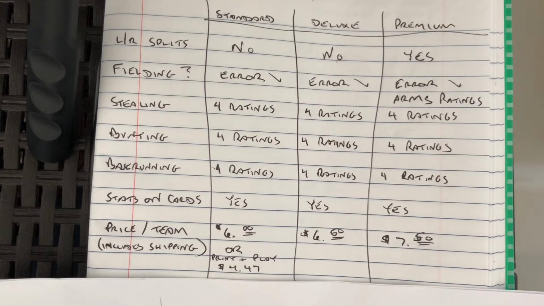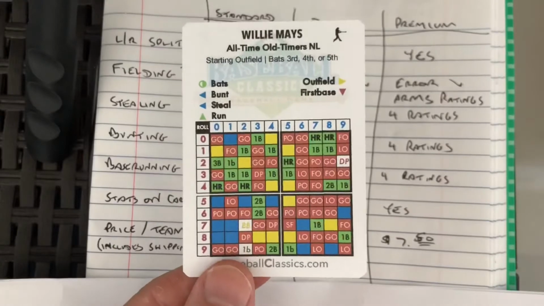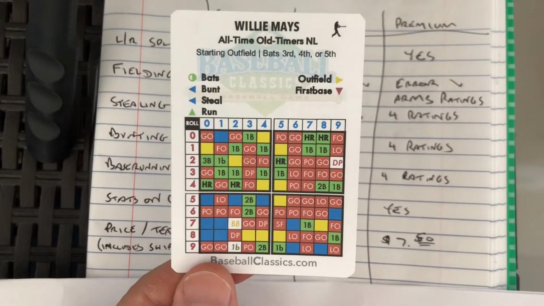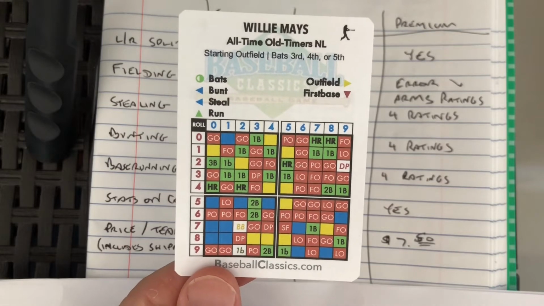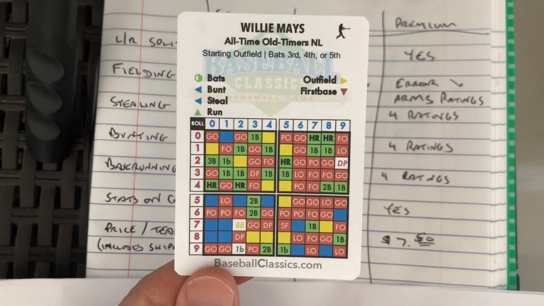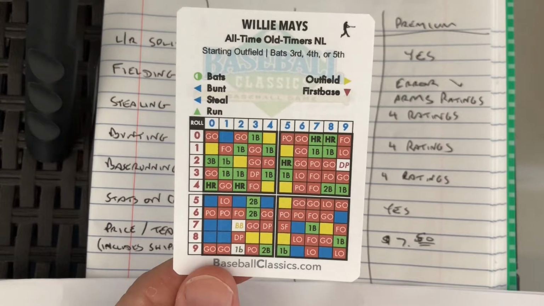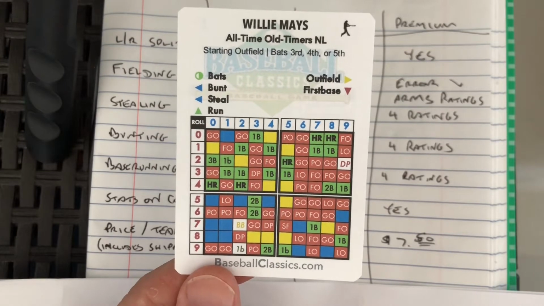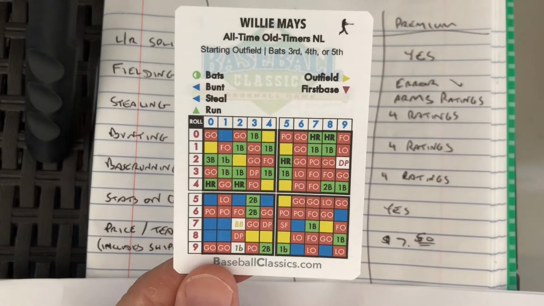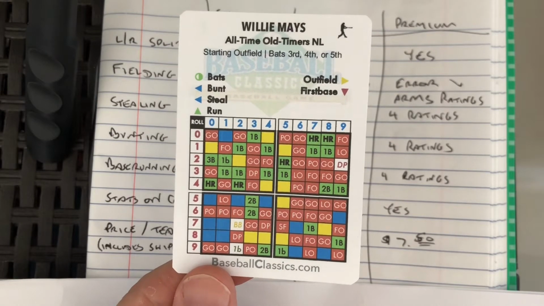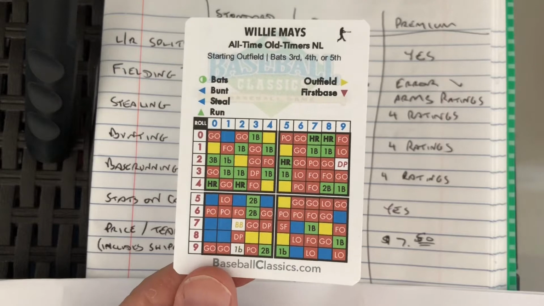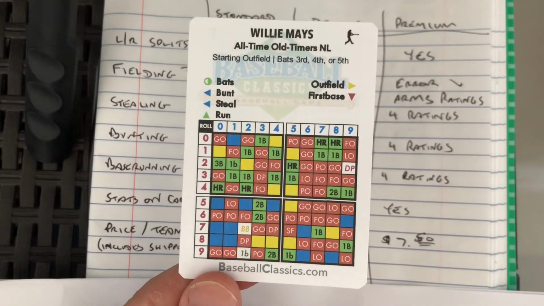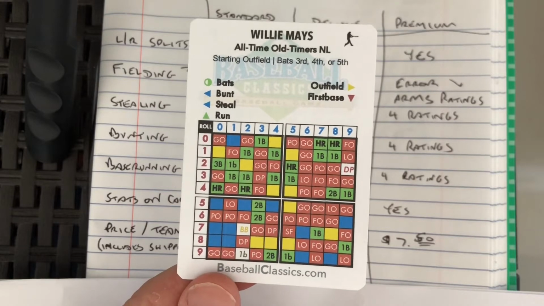Now, all three versions have a lot of color coding. Baseball Classics is the most visually appealing, I guess you'd say. And so many of us are visual learners. This is a very attractive thing for consumers of sims, I think, because Baseball Classics is one of the few games that's out there that really pays attention to how people learn and how people think.